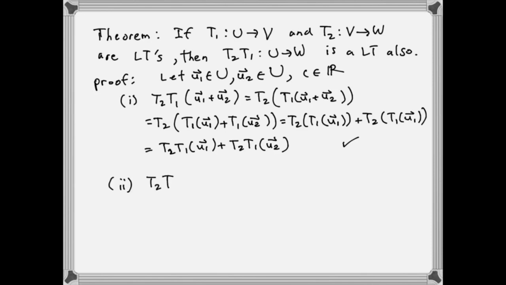What's T2, T1 of CU1? Well, this is the same as T2 of T1 of CU1. But we know by the fact that T1 is a linear transformation, this scalar can pull out of the first linear transformation.